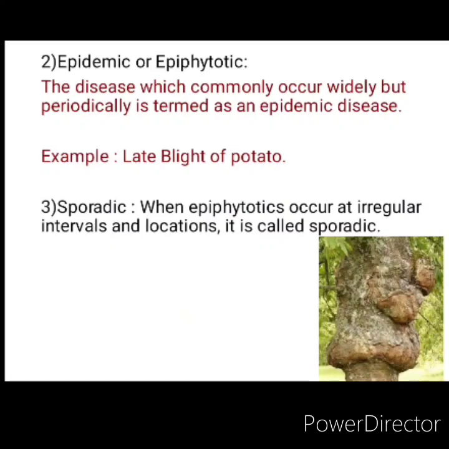The term epidemic has been derived from a Greek word meaning among the people, and in the strict sense applies to diseases of men. One of the most common examples of epidemic disease is the late blight of potato. Epiphytotic diseases occur where the environmental conditions are favorable but the pathogen occurs irregularly.